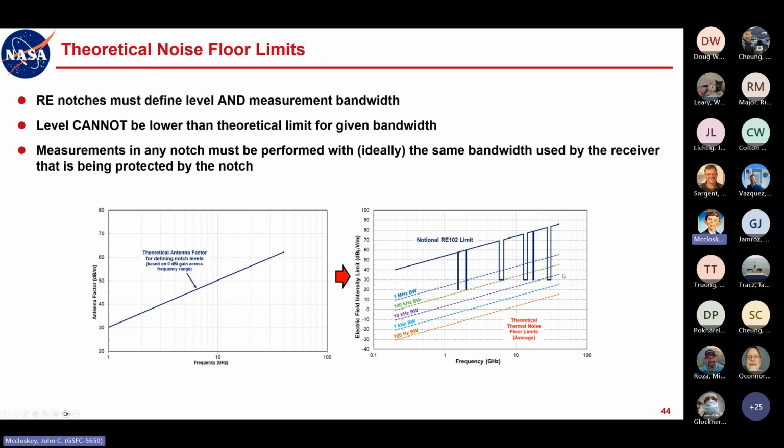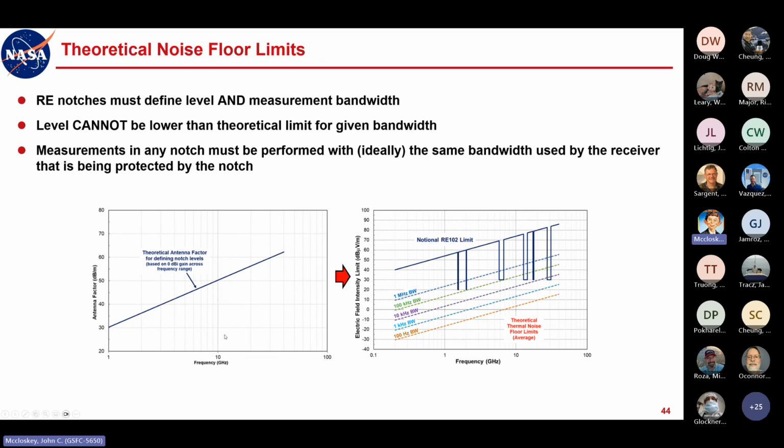And measurements in any notch must be performed with ideally the same bandwidth used by the receiver that is being protected by the notch. The measurement bandwidth is not arbitrary. You don't just define some limit and say, well, just ratchet the measurement bandwidth down as low as you need to meet the noise floor. That's not a proper engineering basis for designing a notch limit.